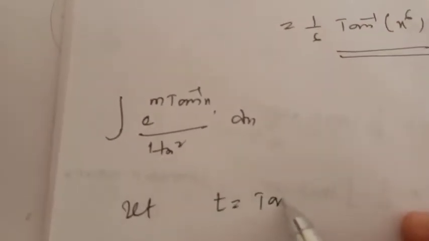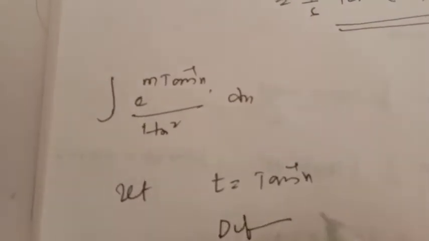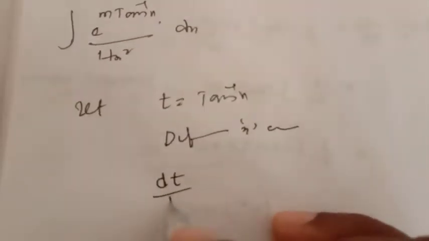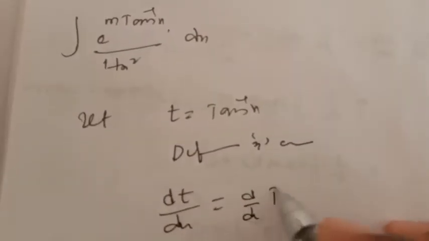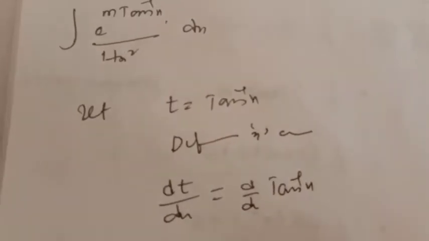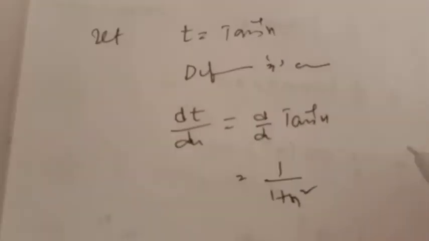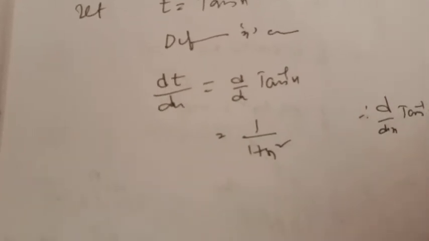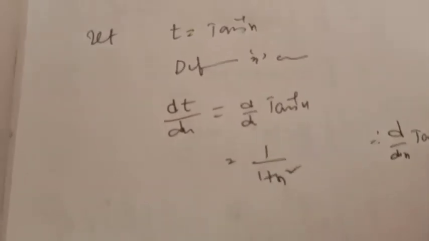Let t equal to tan inverse x, then differentiating with respect to the x on both sides, that is dt by dx equal to d by dx of tan inverse x. We have the formula d by dx of tan inverse x equal to 1 by 1 plus x square.